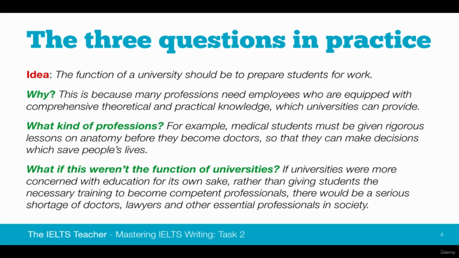Again, this is advanced grammar, it's advanced vocabulary, there's an advanced sense of cohesion. But the idea is fairly simple. If we didn't have universities that helped people get into work, then we would suffer from a lack of these important professions.